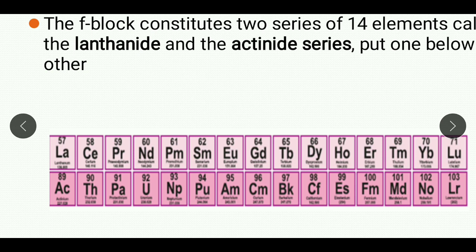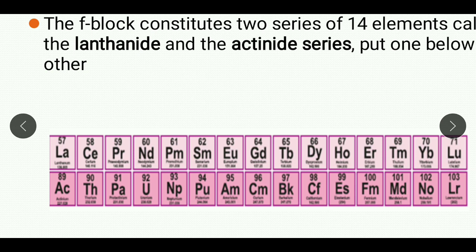So cerium, the first member, has electronic configuration 6s2, 5d1 and 4f1. And the last member, lutetium, is 6s2, 5d1 and 4f14. Like that, thorium, after actinium, is the first actinoid with atomic number 90.